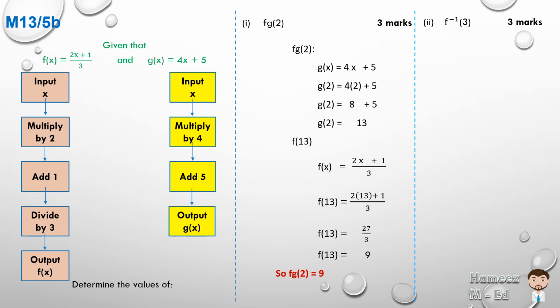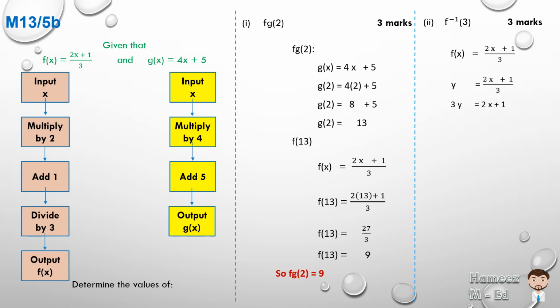Let's see if we get that using the standard way the teachers normally teach. So if we write the function f of x equal to 2x plus 1 over 3, normally teachers suggest that you replace the f of x by y, and the x on the right hand side remains the same, and make x the subject of the formula. So y is equal to 2x plus 1 all over 3. So we want to carry the 3 across. The 3 is dividing on the right hand side. When you carry it across, it will multiply.